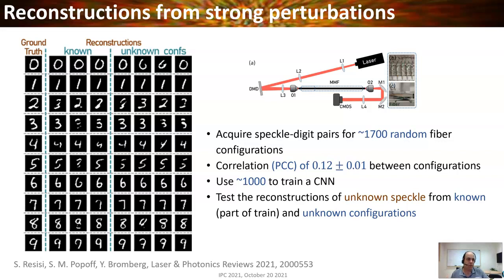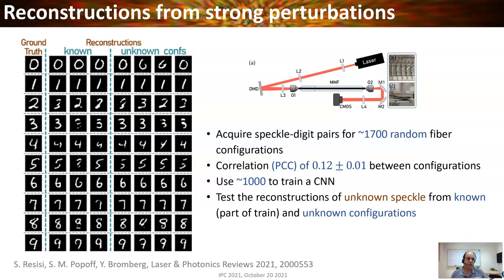This way, we help the neural network recognize small invariant properties of the fiber configuration rather than the exact transformation of a specific configuration. For that, we acquire data from over 1,000 random fiber configurations whose average Pearson correlation, again the correlation between different fiber configurations for the same input, is about 12%.